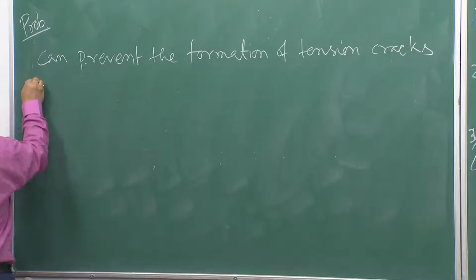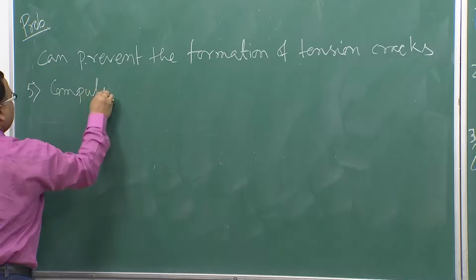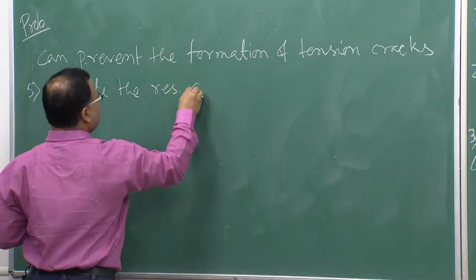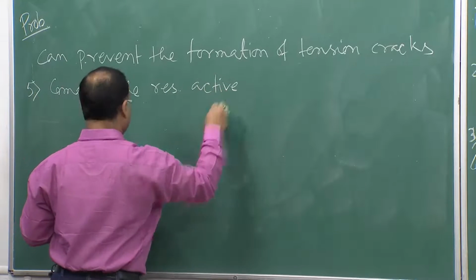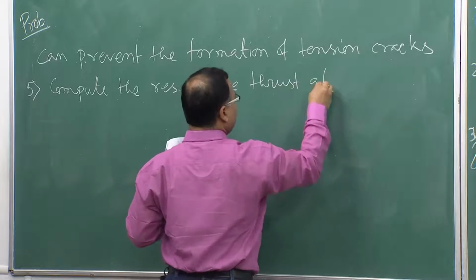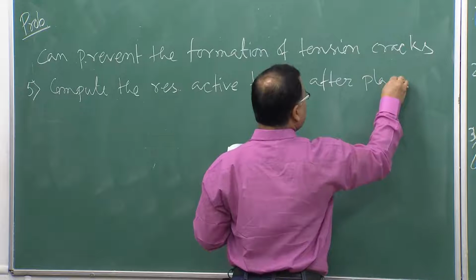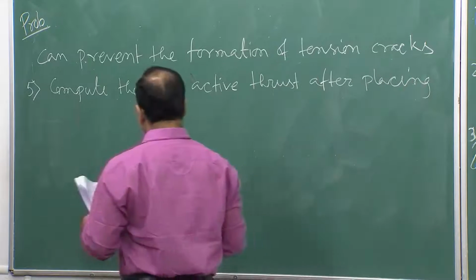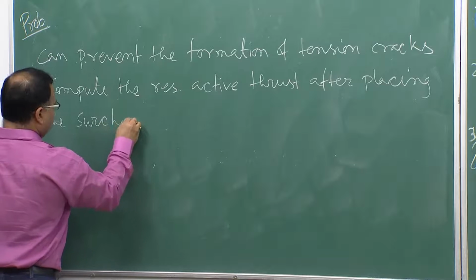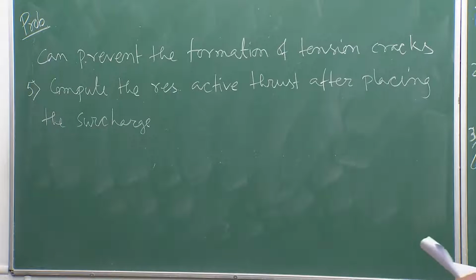And number 5 is compute the resultant active thrust after placing the surcharge. Okay, so this is your problem.